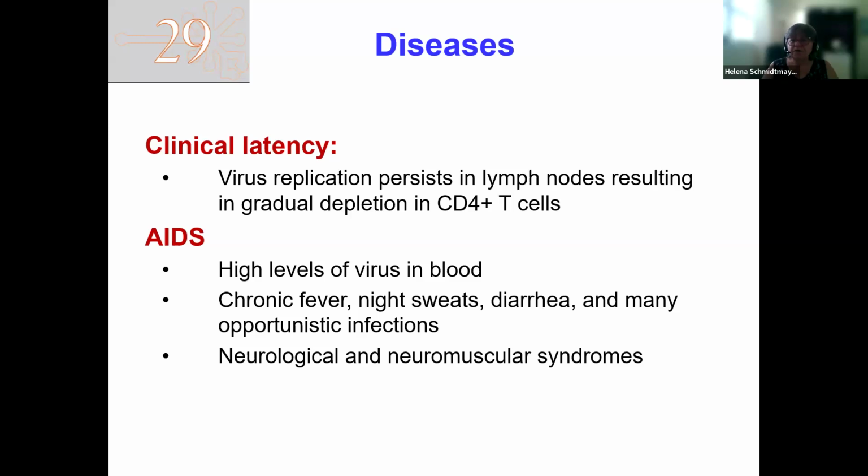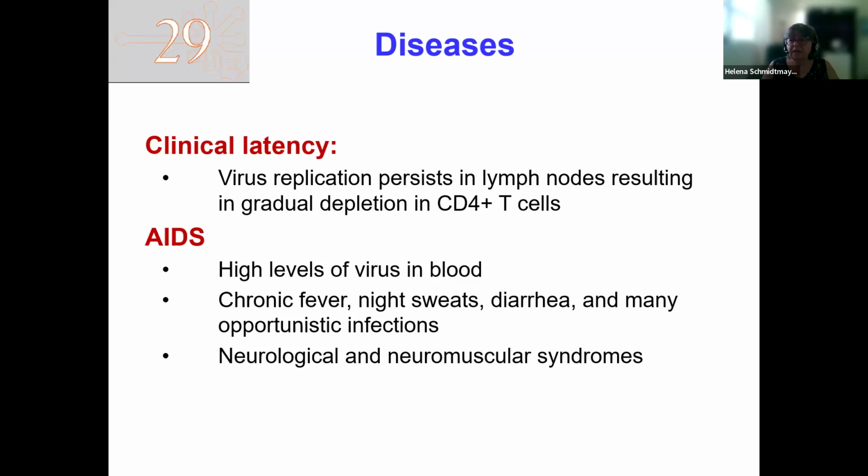And this causes gradual depletion of CD4 also in the periphery. And if there is no treatment, eventually, as I mentioned, this progresses to AIDS, where virus starts to replicate and you can detect a very high level of HIV. So a high level of virus you can detect during primary infection and the AIDS stage.